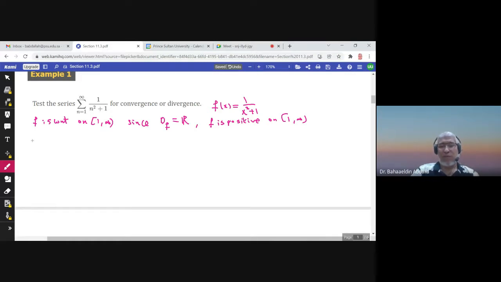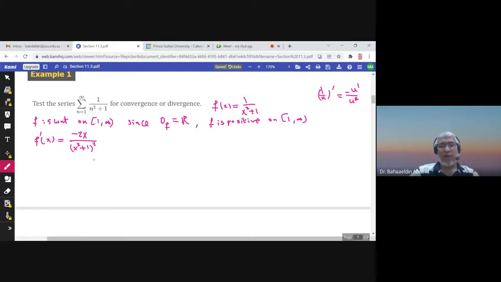To find where it is decreasing, we find the derivative. The derivative of 1 over u is negative 1 over u squared times u prime. So that's the chain rule. So the derivative would be 1 over (x squared plus 1) to the power 2, times negative the derivative of x squared plus 1, so negative 2x.